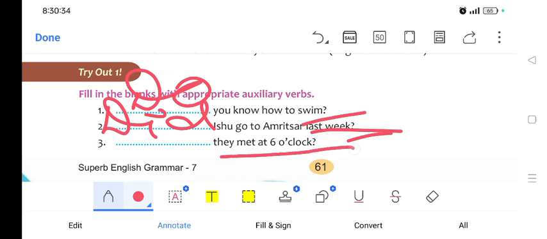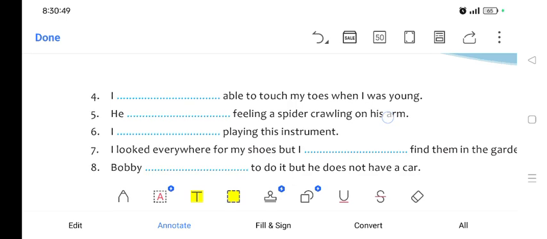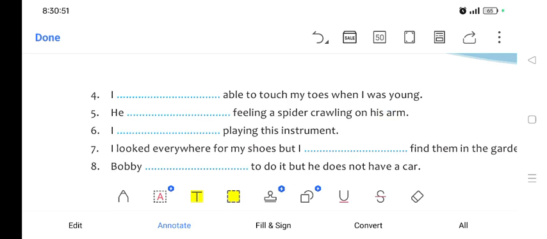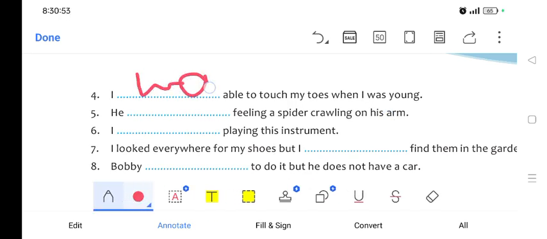They met at 6 o'clock. So this is the tense of meet, met. The third form we are using here, so we'll put here have. Have they met at 6 o'clock? Now let's solve question number 4. I was able to touch my toes when I was young. He was feeling a spider crawling on his arm.